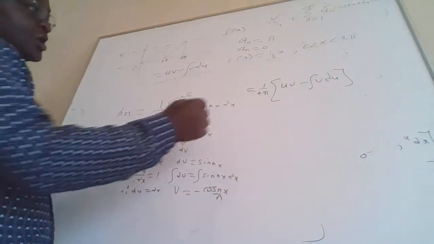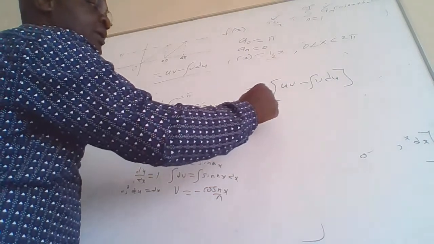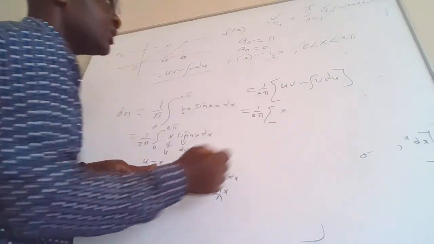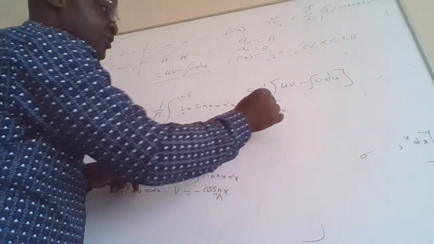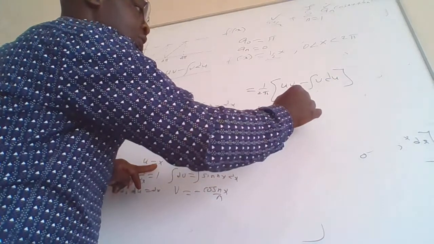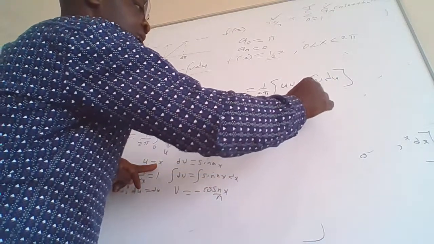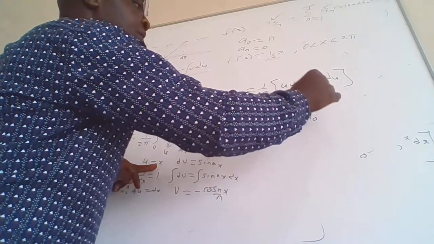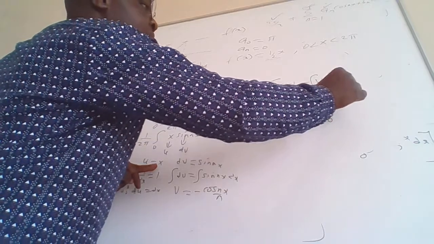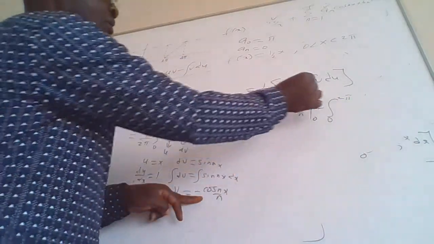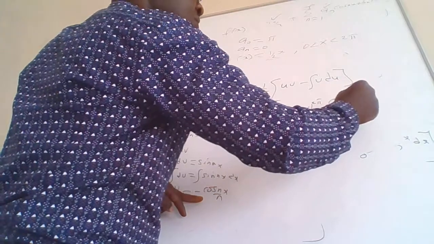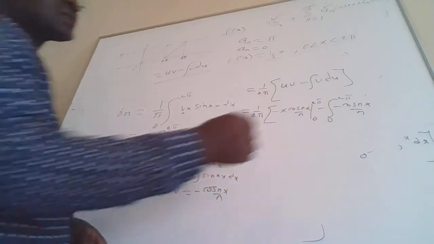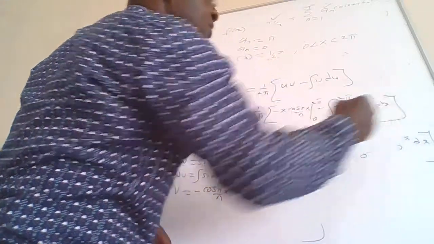So this equals to 1 all over 2 pi into our u, which is now x, then our v is negative, so minus cos nx all over n, integrating from 0 to 2 pi, then minus the integral from 0 to 2 pi of our v, which is minus cos nx all over n, and our du equals to dx.